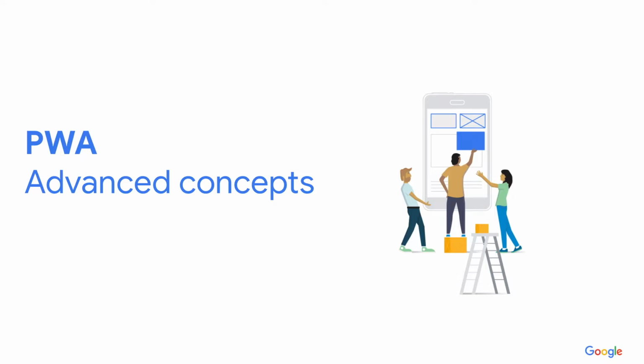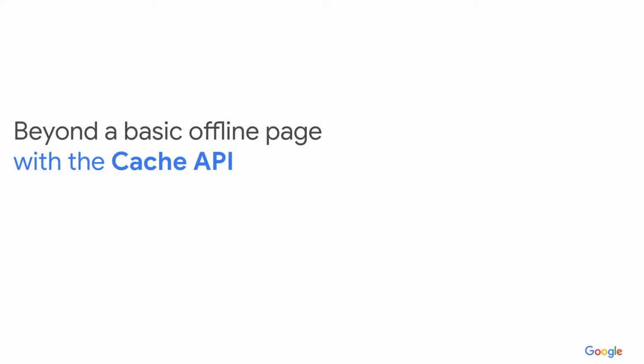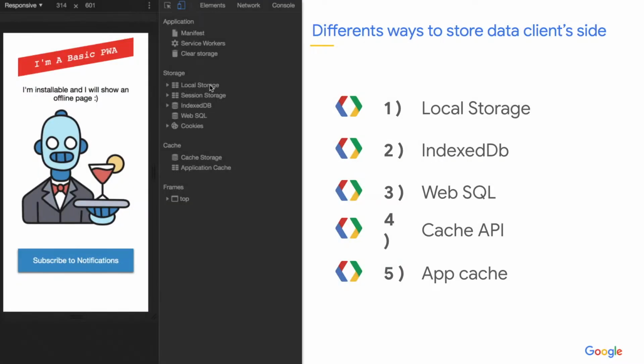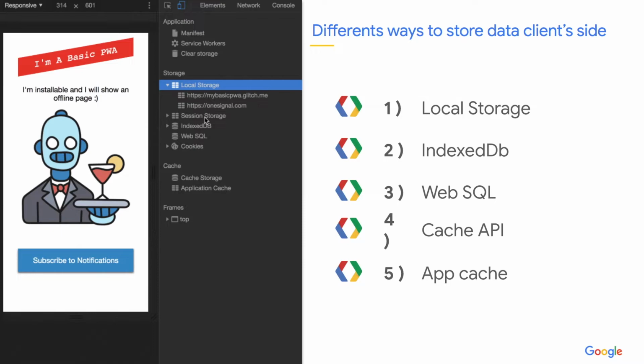Okay, so now let's see some advanced concepts, beyond a basic offline page, with the Cache API. There are different ways to store data on the client side: local storage, IndexedDB, Web SQL, the Cache API, and the App Cache.